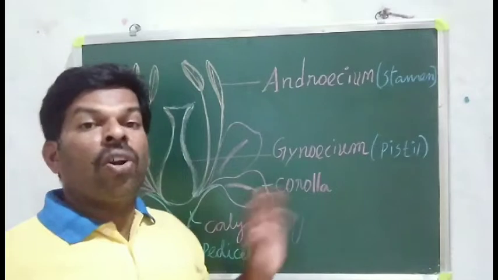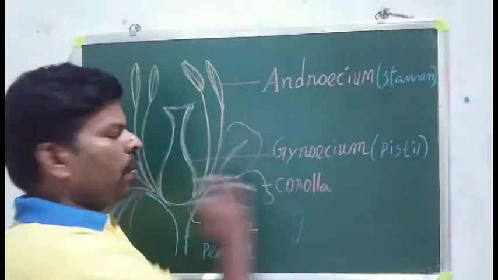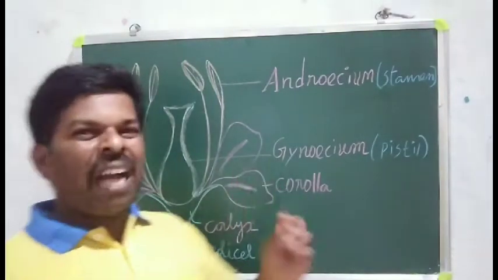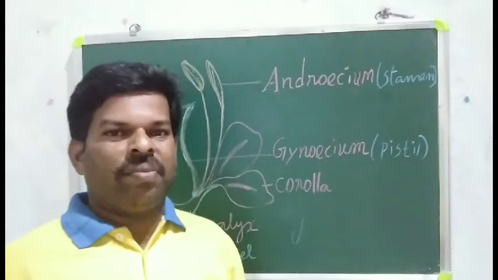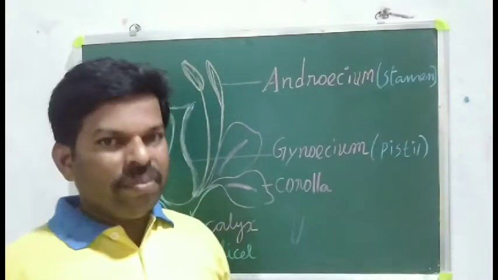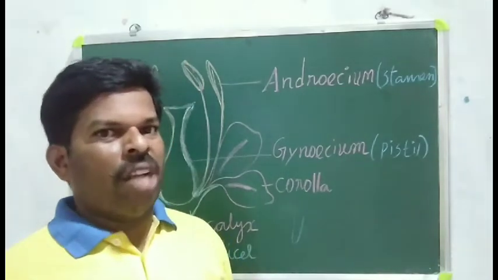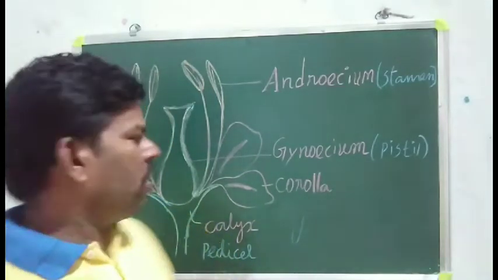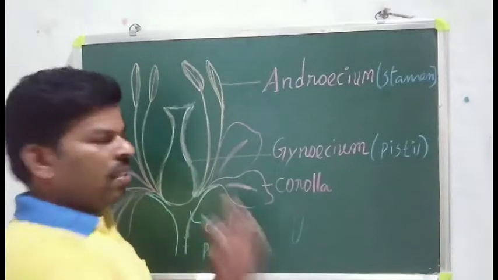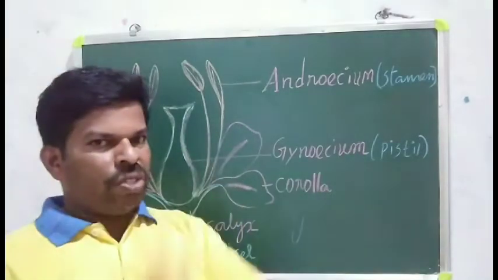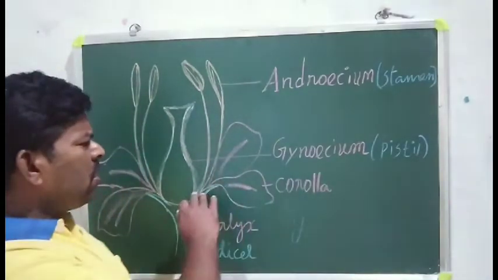Second is the corolla. The corolla has pigments. That is the colorful, attractive part of the flower. It easily attracts insects for pollination. I will explain pollination later. It is the second wall of the flower. Questions will be asked.